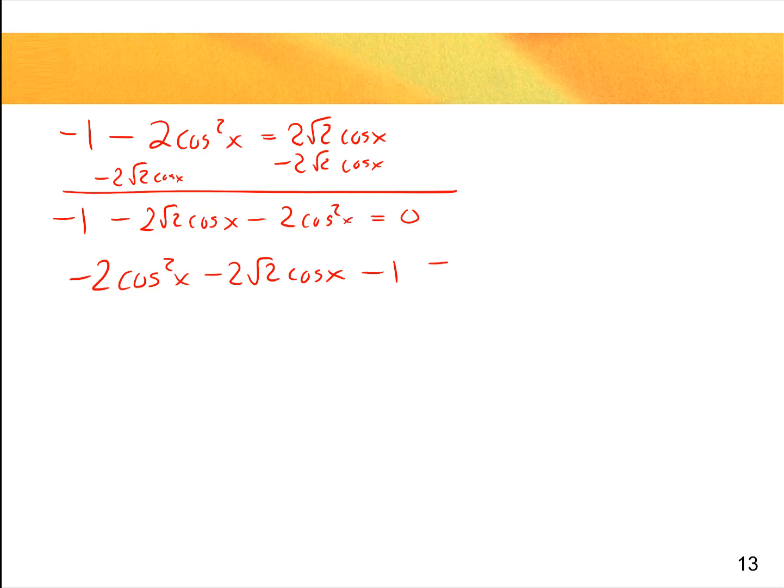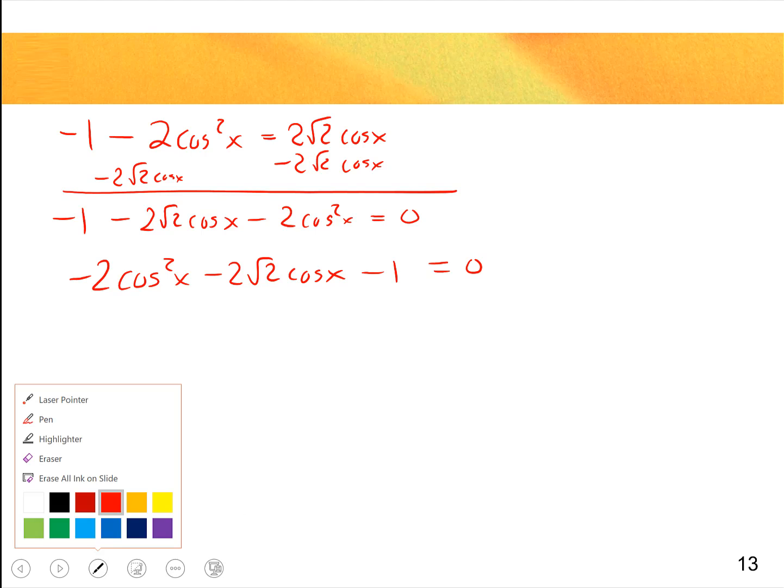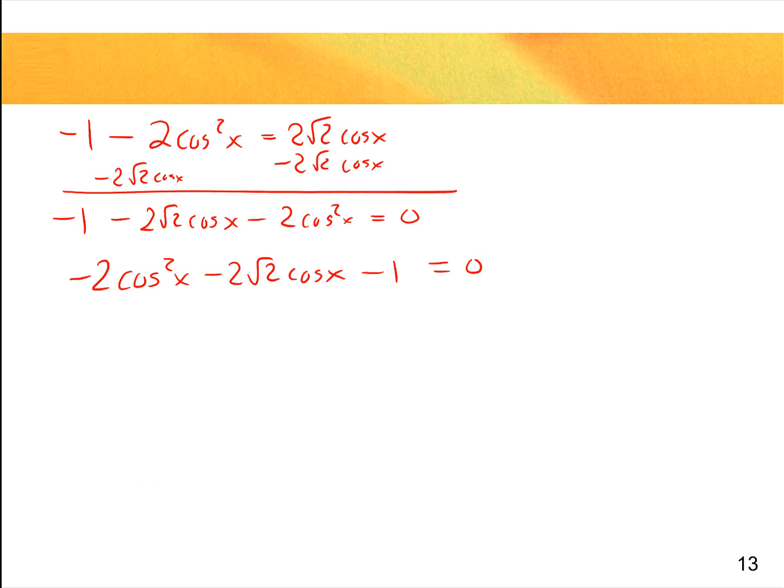Next, from Algebra 2, we know that if we have a negative term in front, we don't like negative terms before we start factoring. So we're going to multiply both sides by -1. When we do that, this becomes 2 cosine x squared plus 2 radical 2 cosine x plus 1. So voila, now I'm ready for factoring here.